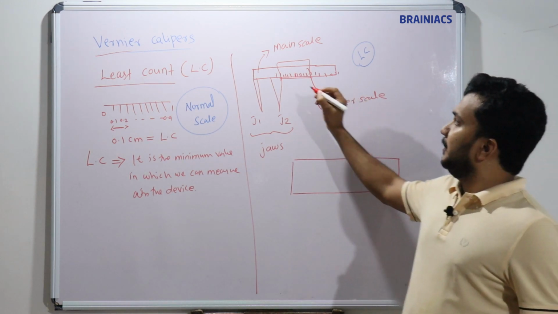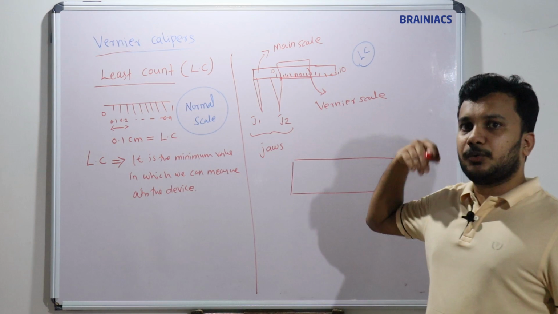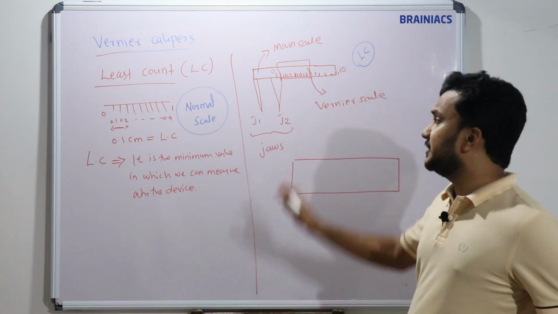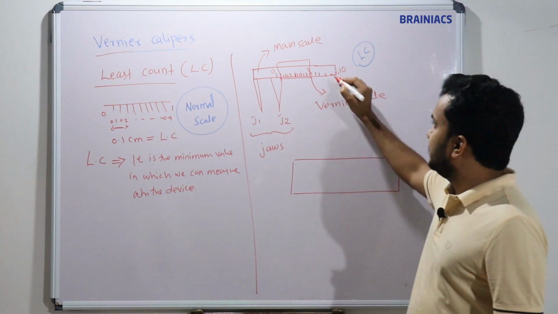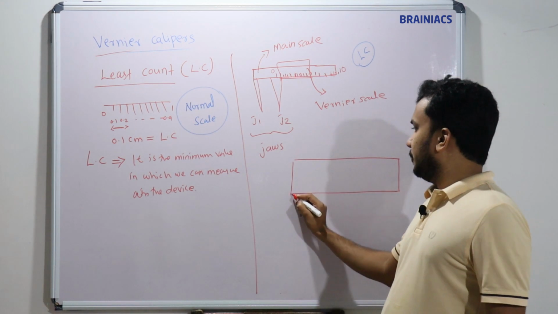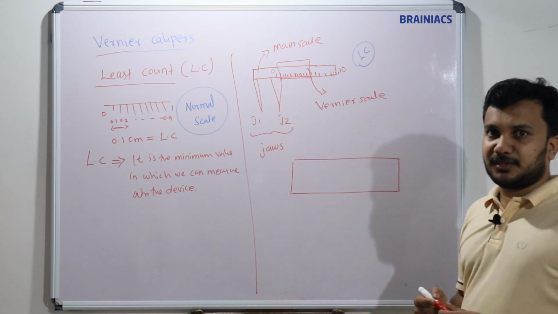The main scale normally starts from 0 and goes up to 10 centimeter, 15 centimeter, 20 centimeter, 30 centimeter. Different scales have different sizes, but just as an example we are considering a 10 centimeter scale. For it, I am just taking 1 centimeter length here.